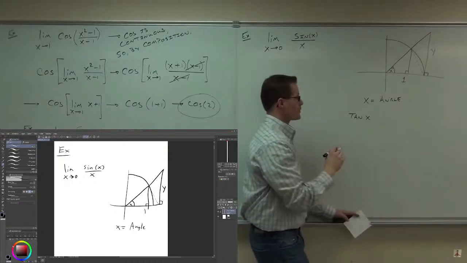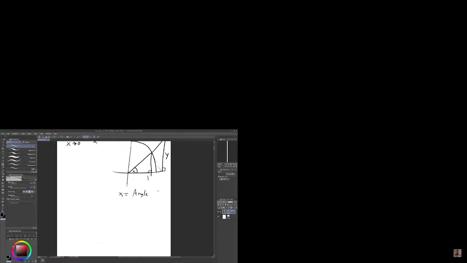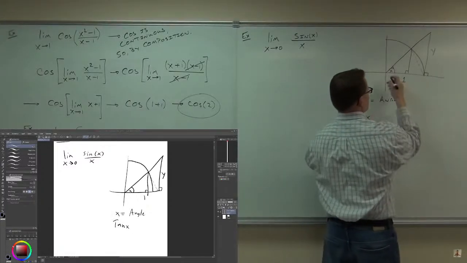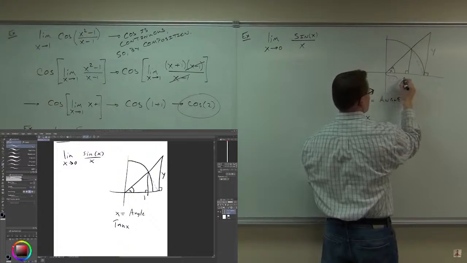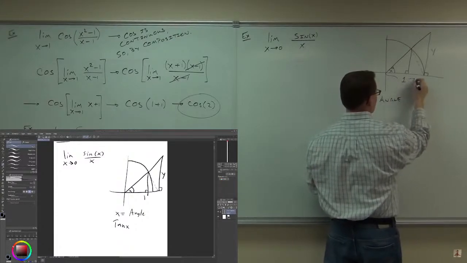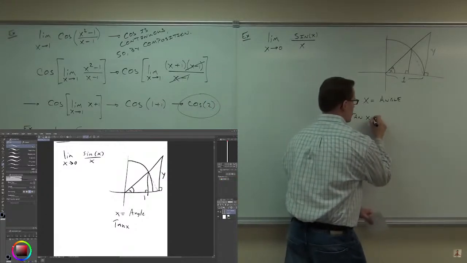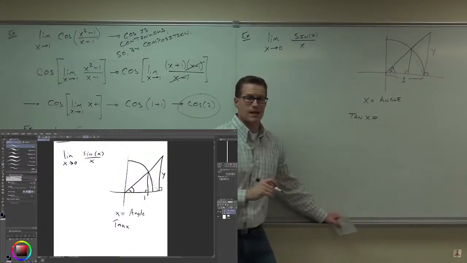Are you okay that x is our angle, firstly? I'm calling this length y, and this is 1 from here to here. Give me the relationship of tan x then.